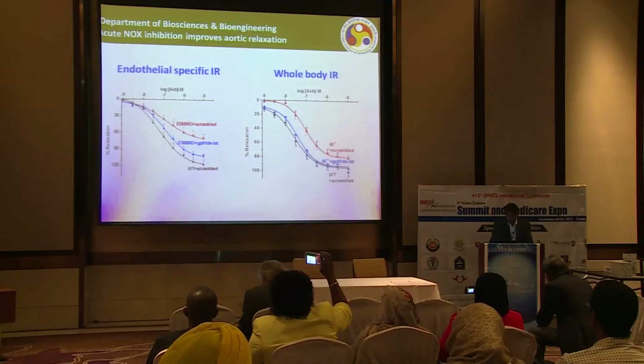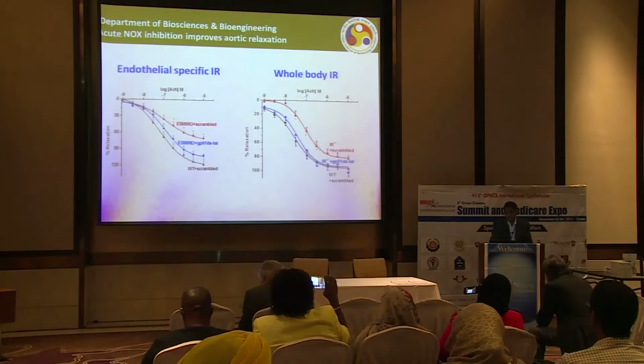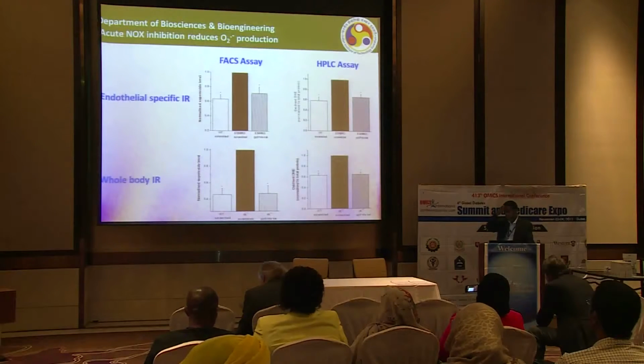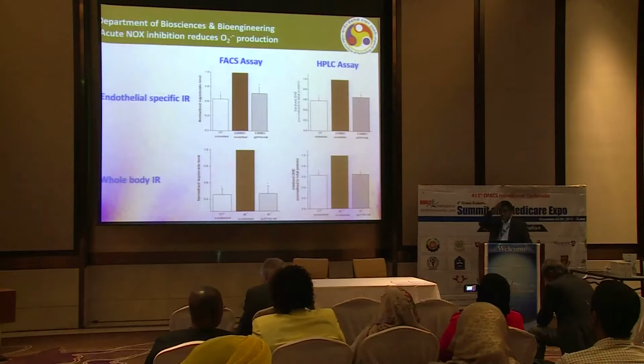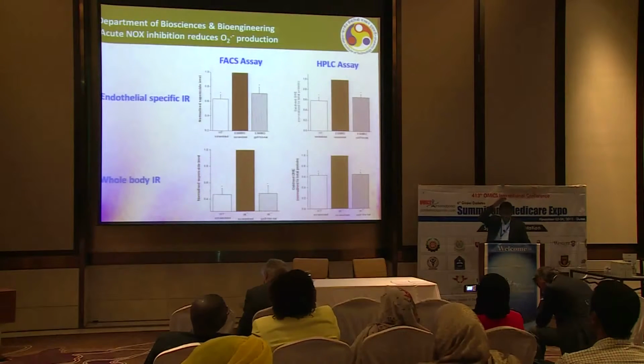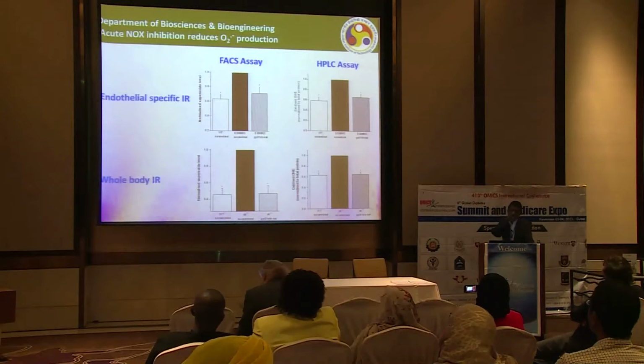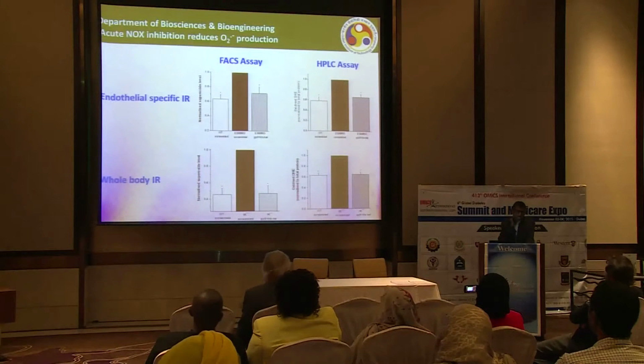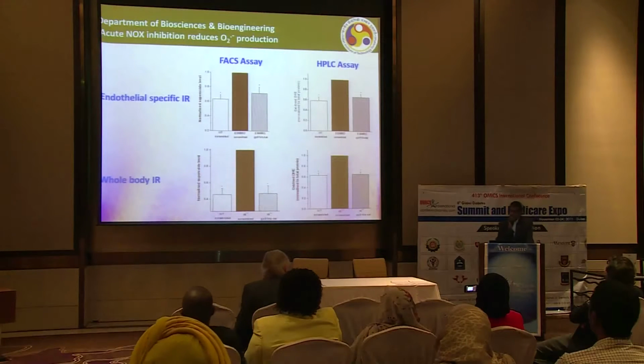So it shows that we can pharmacologically inhibit the NOX enzyme to improve vascular relaxation. We have directly measured superoxide as well, with different assays, and the result is the same. Superoxide production was higher in insulin resistant mice endothelial cells, and NOX inhibitors could reduce it significantly.